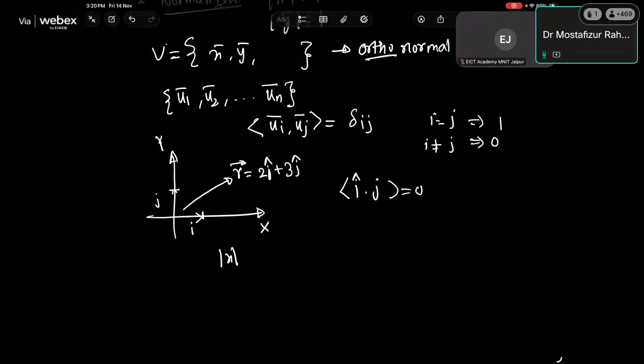So any vector I can represent using this orthonormal basis set, right? Now, of course, this is 2 unit and this is 3 unit, so 2 i cap and 3 j cap.